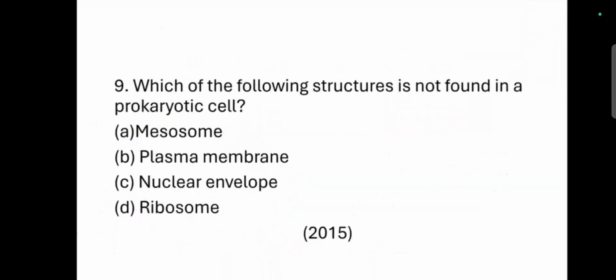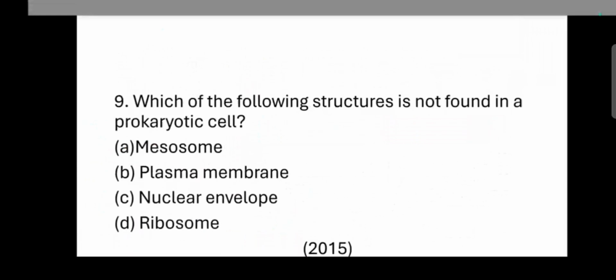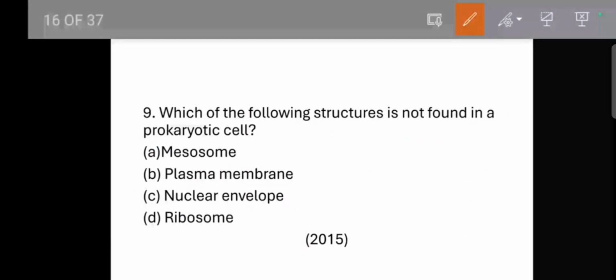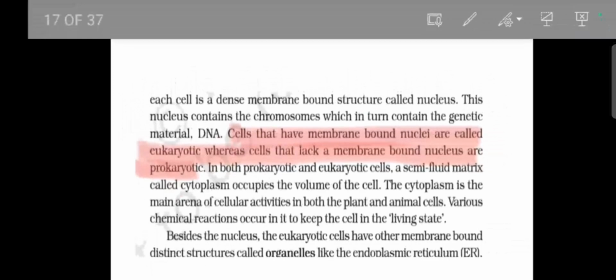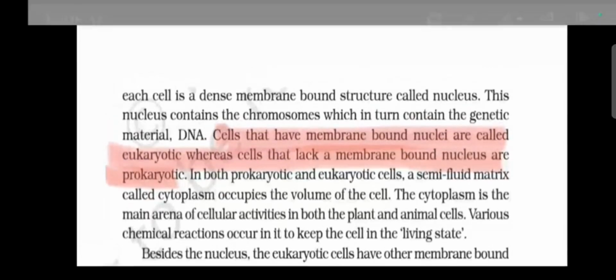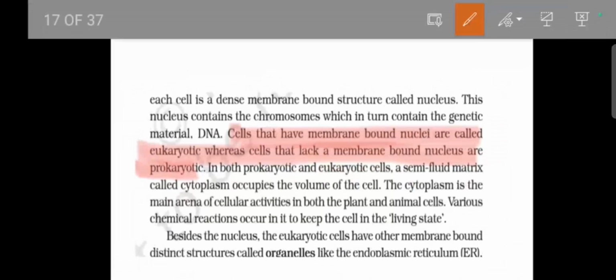Now the ninth one: which of the following structures is not found in prokaryotic cells? As NCERT describes, cells that have membrane bounded nuclei are called eukaryotic, whereas cells that lack a membrane bounded nucleus are called prokaryotic.